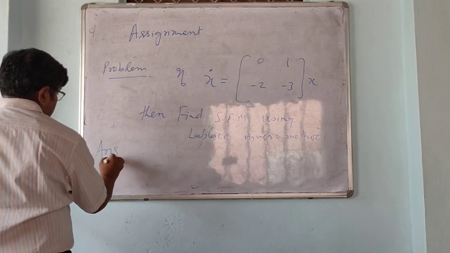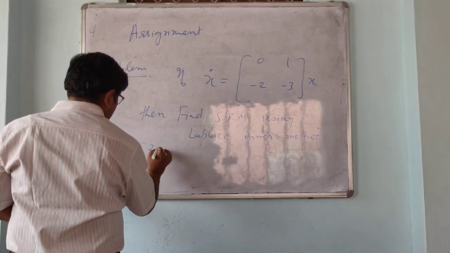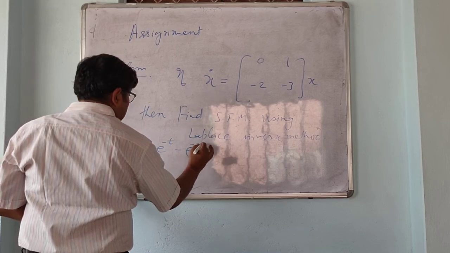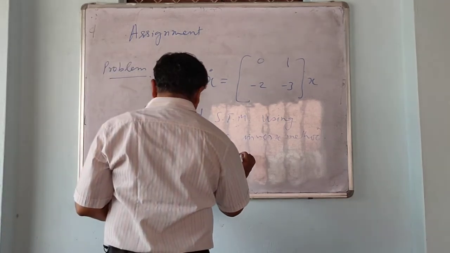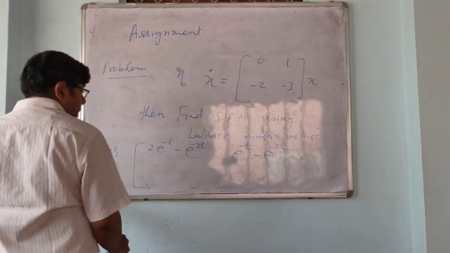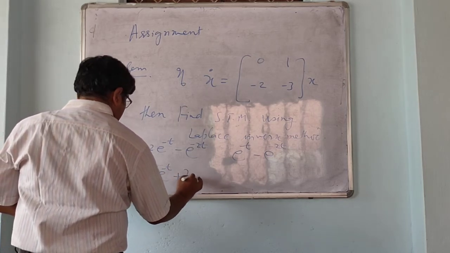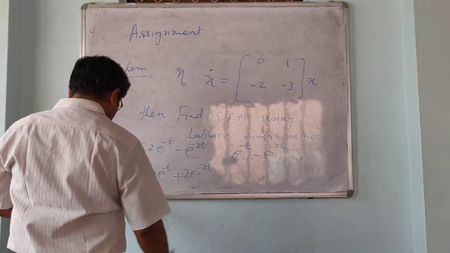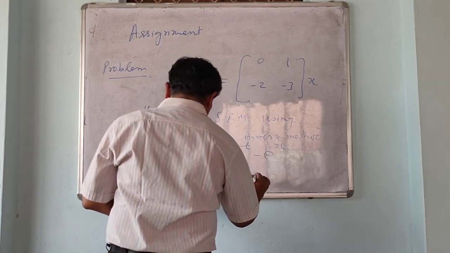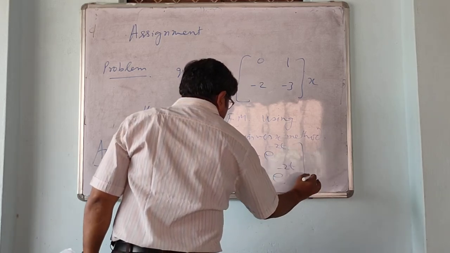And the answer of this problem is, we will get 2 e to the power minus t minus e to the power minus 2t. This is the first term. e to the power minus t. This is the second term. Third one, minus. So this is the answer.